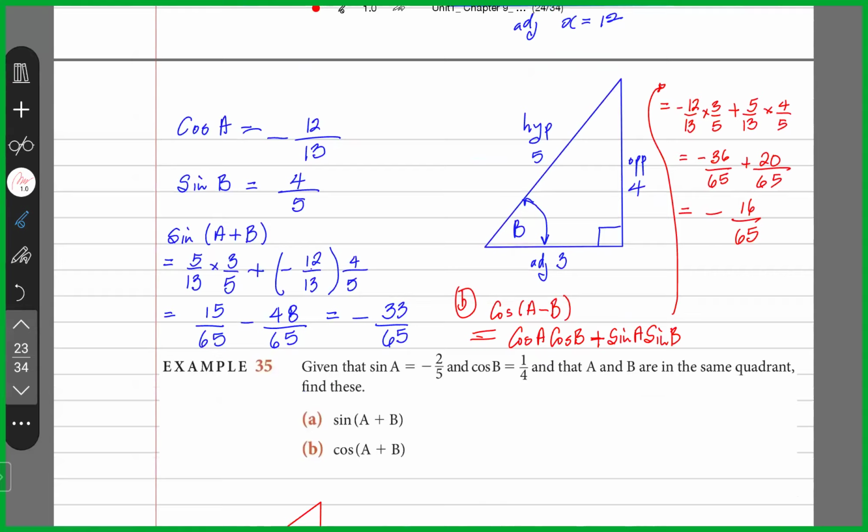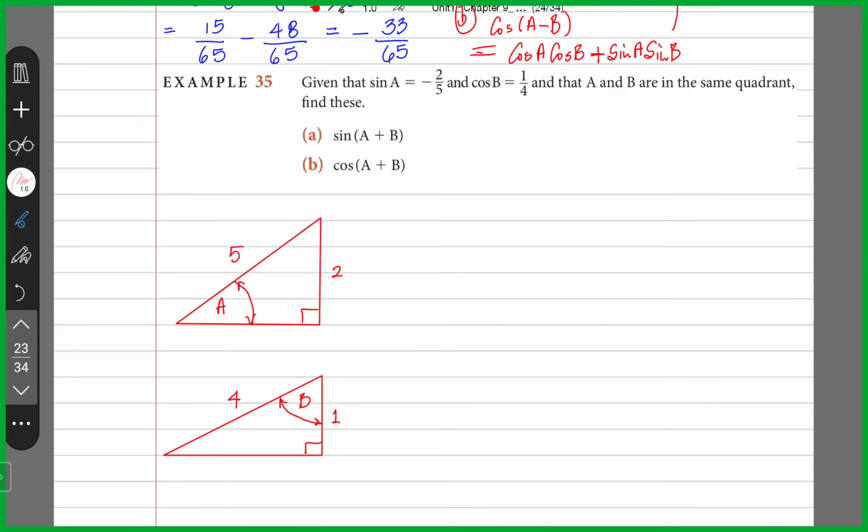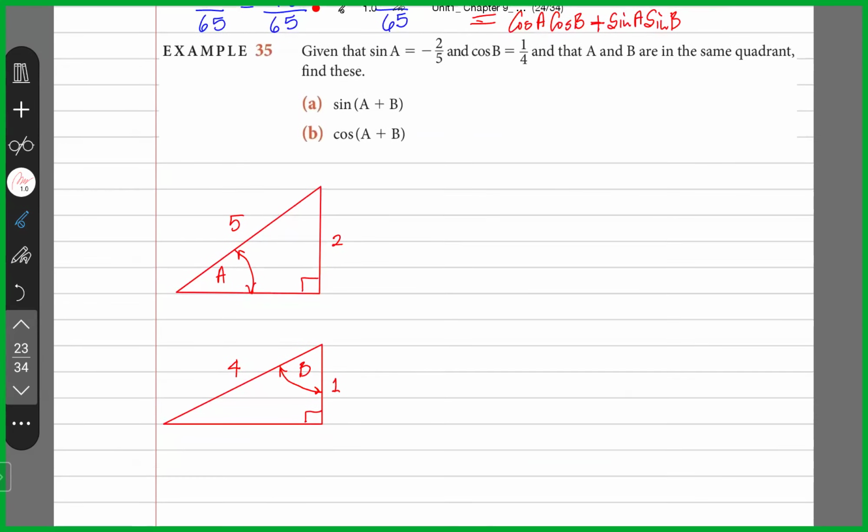So here's example 35. Example 35 says, given that the sine of A is minus 2/5, and that is already telling me something about A. A is either in the third quadrant or in the fourth quadrant, because it is in the third quadrant and the fourth quadrant where the sine of an angle is negative.